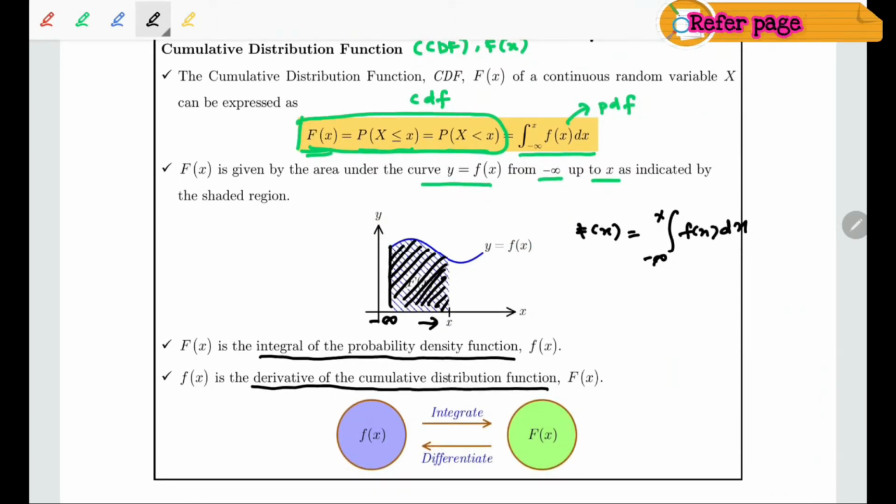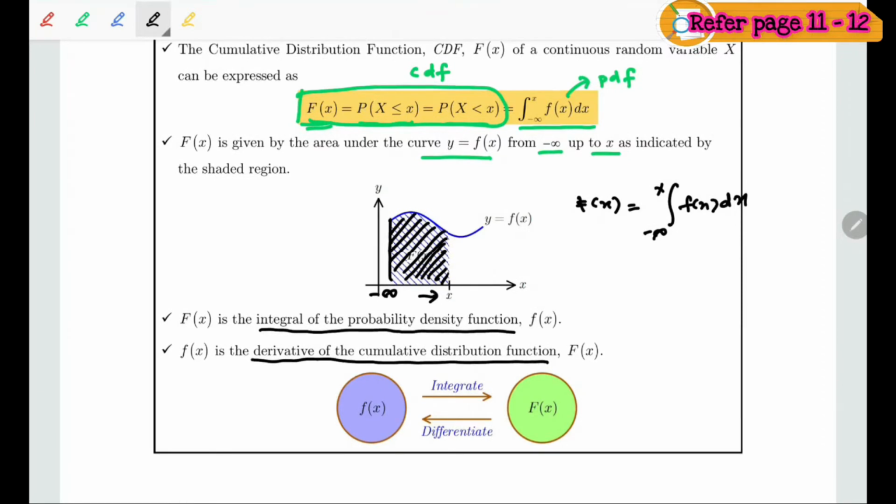These two statements mean that if you are given the PDF and you need to find the CDF, you need to integrate. In the reverse process, if the question gives you the CDF and you need to find the PDF, you need to differentiate. It's a reverse process.